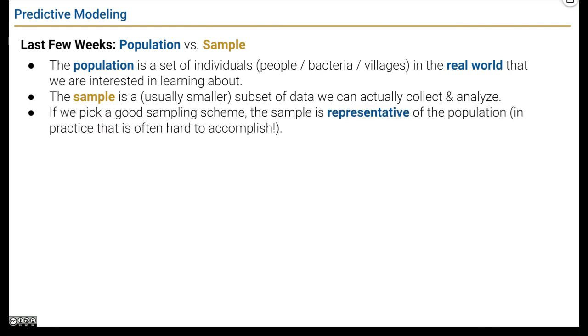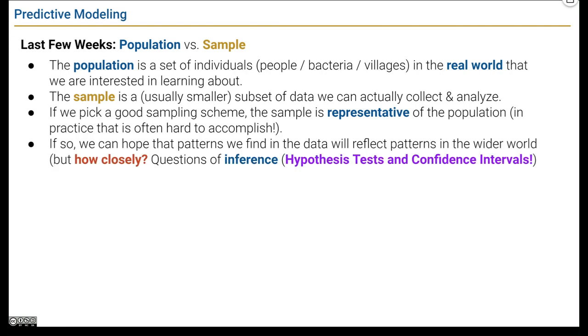We've talked about ways to make sure that you have a good sample in the sense that it's a random sample and representative of your population. And then we can try to make some inferences using the sample about the population. Questions of inference that we've looked at so far are hypothesis tests and confidence intervals.